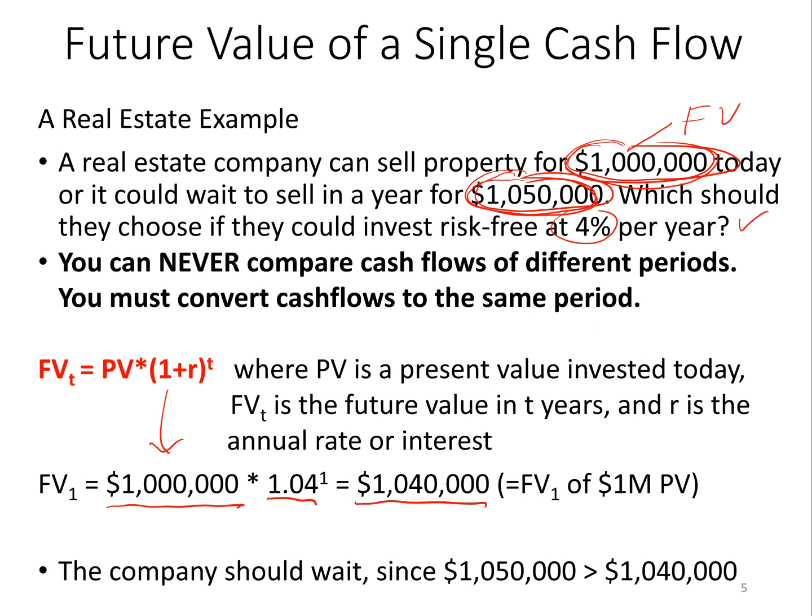So selling it for $1 million today has a future value 1 year from now of $1.04 million, but by waiting a year I can get $1.05 million. Obviously I want to wait a year and get $1.05 million because the future value is greater.